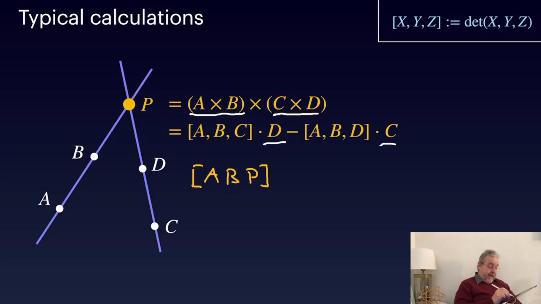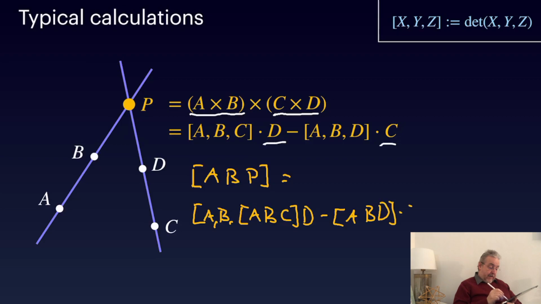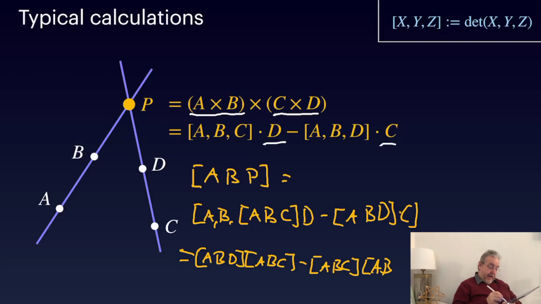If you do that calculation, you get ABC times ABD minus ABD times ABC, since the determinant is multilinear, which has no other chance than being 0.